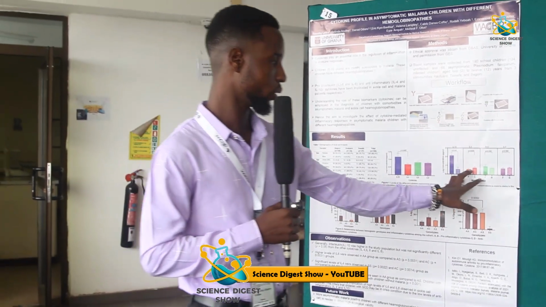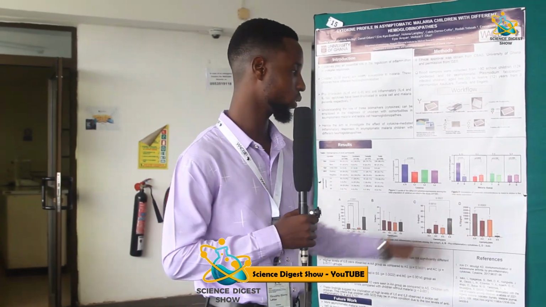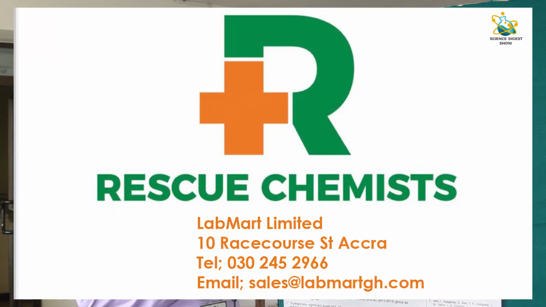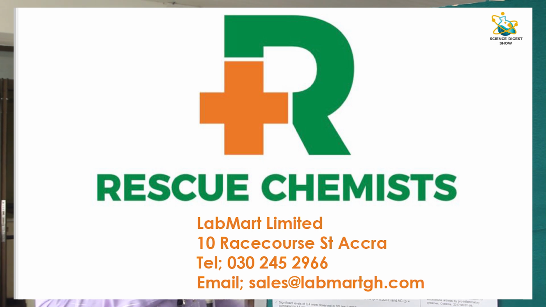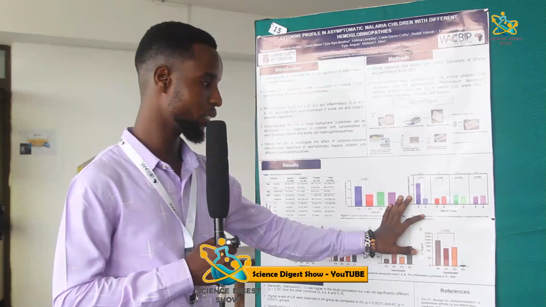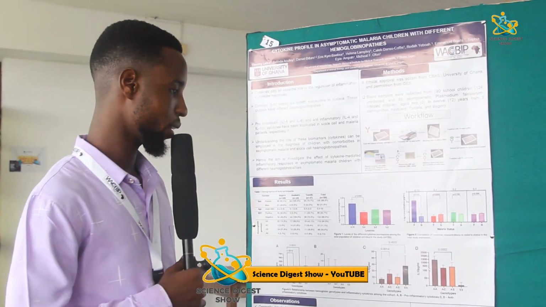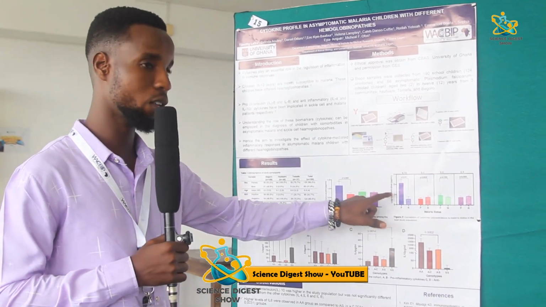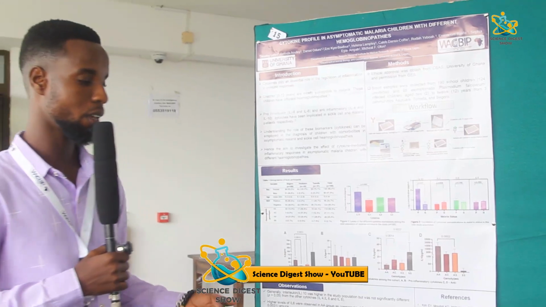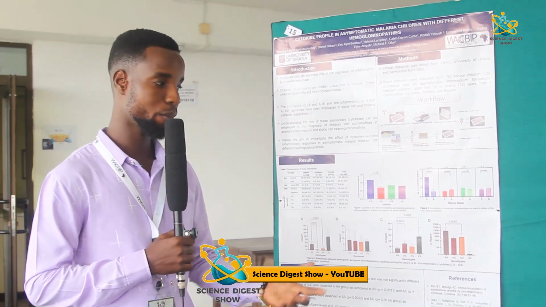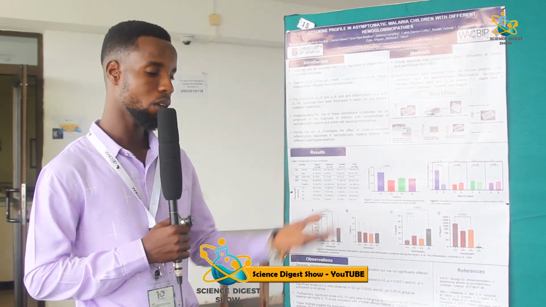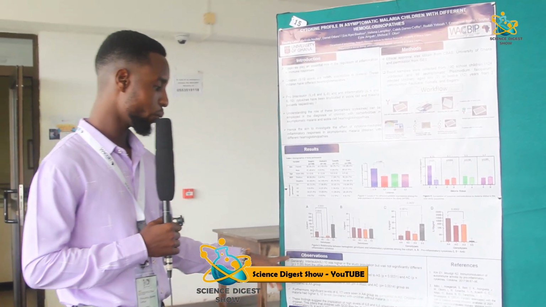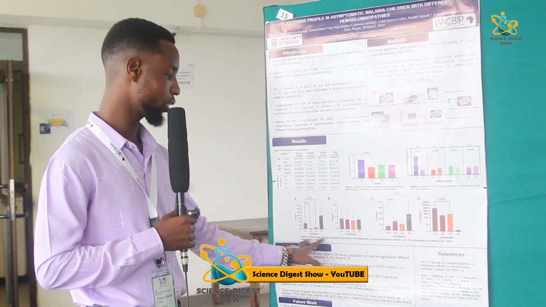The rest did not have any significant association. This result may confirm that the children we recruited may be asymptomatic because of the anti-inflammatory effect of IL-10, which is dampening the pro-inflammatory responses that are associated with malaria.